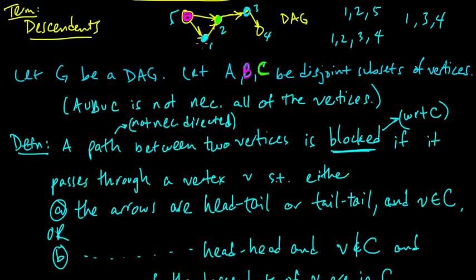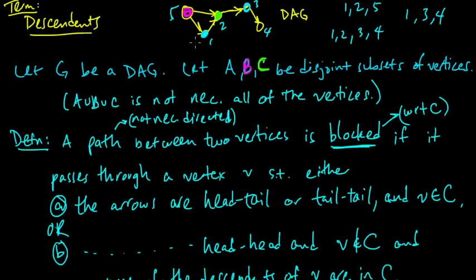Here, the path 1, 2, 3, 4 is blocked because it passes through vertex 2. Vertex 2 is in C, and the relationship between the arrow from 1 to 2 and 2 to 3 is head to tail. So that's blocked.